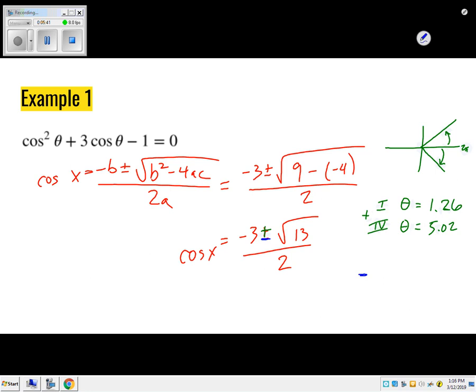This whole thing gave me negative 3.30. So you took cosine inverse of that? Okay, so you got cosine x equals this. And then you took cosine inverse of this. It's domain error. Why?